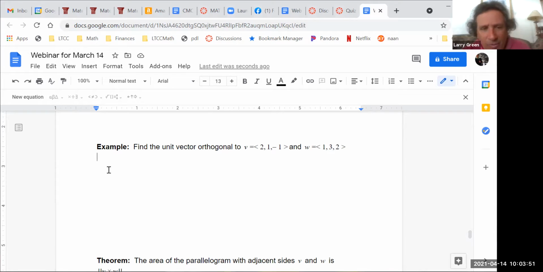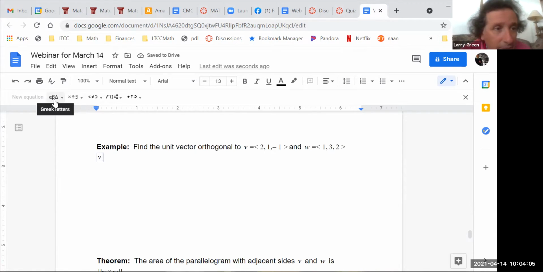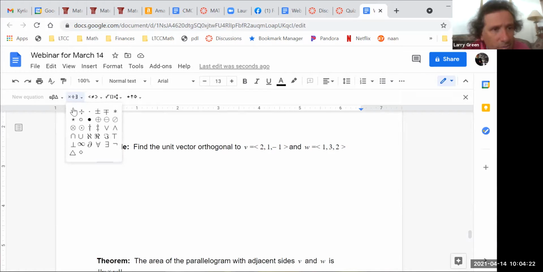So what we know is the following. Let's write this out this way: V dotted with V cross W, maybe I'll need parentheses. What is that?